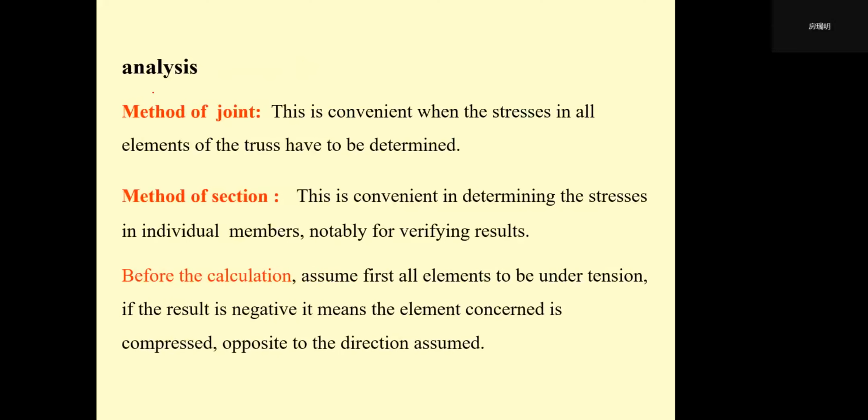The final one, let's do a very short summary. Analysis, method of joint. This is convenient when the stresses in all elements of the truss have to be determined. That means if we are required to calculate all the internal forces of all the elements on the truss, we can select this method first, right?